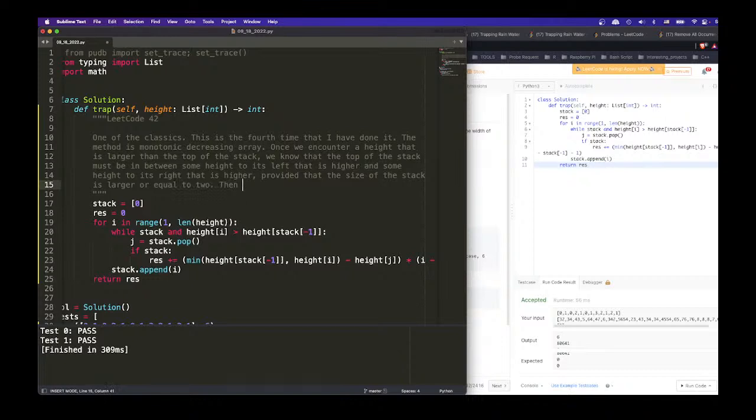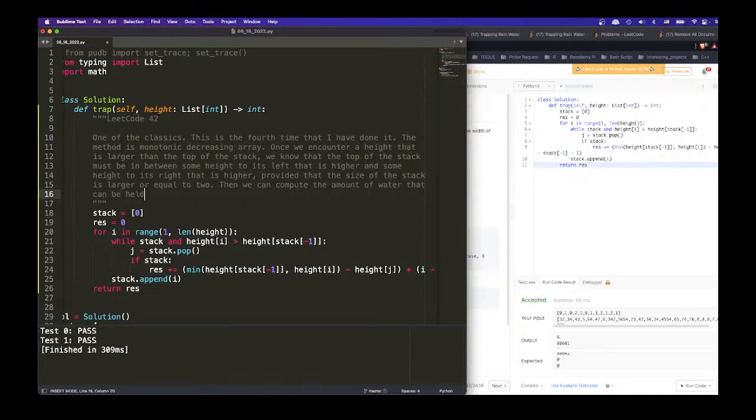Then we can compute the amount of water that can be held with the top of the stack being the bottom level.